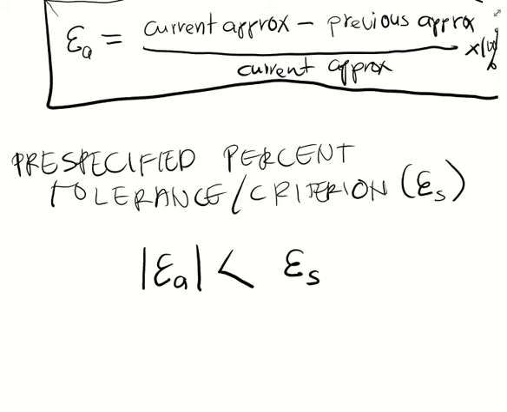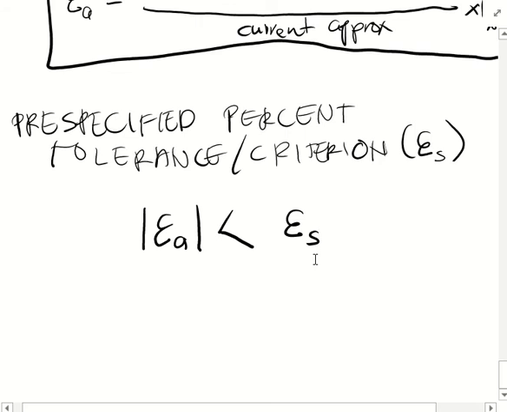But how do we know the value of this epsilon s, the pre-specified? Usually when we approximate something, what the problem gives is the number of significant figures. Solve this one up to 5 significant figures. That's the problem. It does not give the pre-specified percent. It gives the number of significant figures. That's why we discussed significant figures before. So to solve for the pre-specified, this will be the formula according to the Scarborough 2019 book.